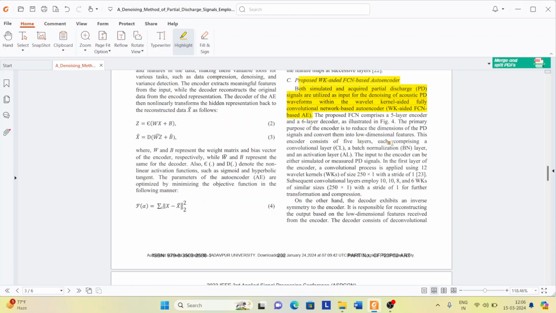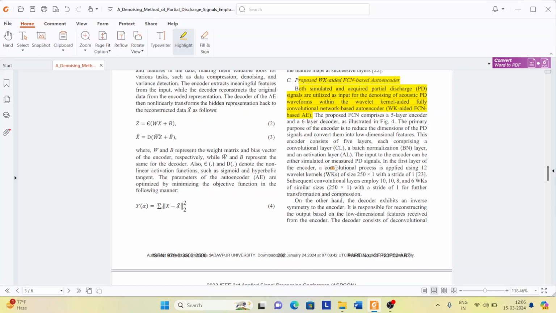This encoder consists of 5 layers, each comprising a convolutional layer, a batch normalization BN, and an activation layer AL. The input to the encoder can be either simulated or measured partial discharge signals.